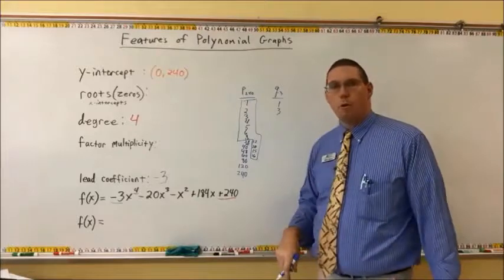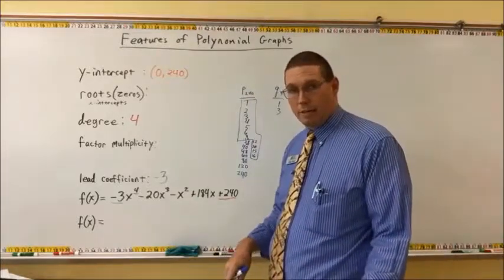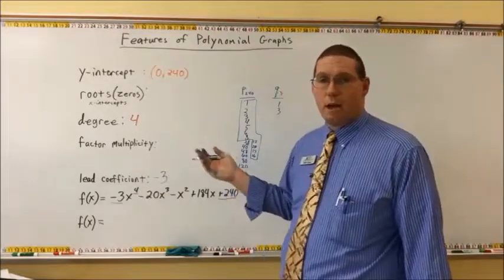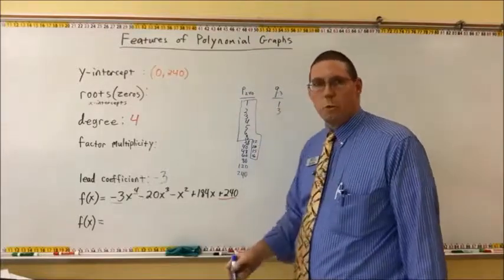I'm just going to test the whole numbers up to 20, and if I need more after that, then I will. But I've done this enough times, and I know that most of the time I'll get at least one between 1 and 20.